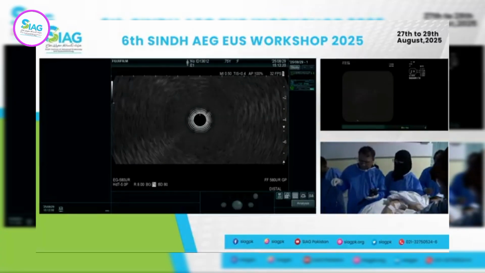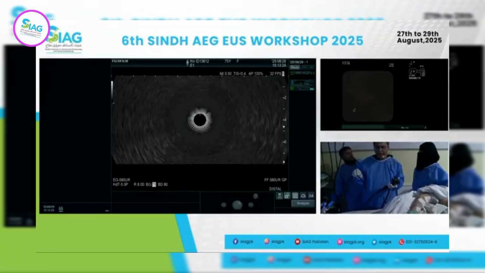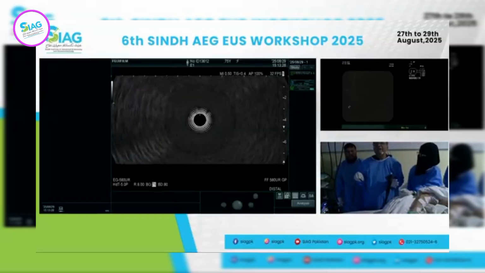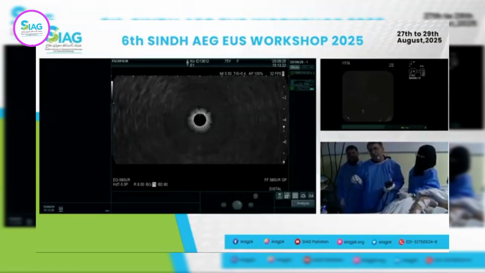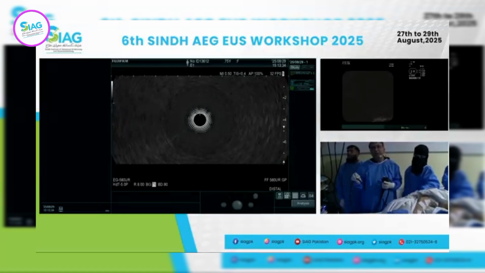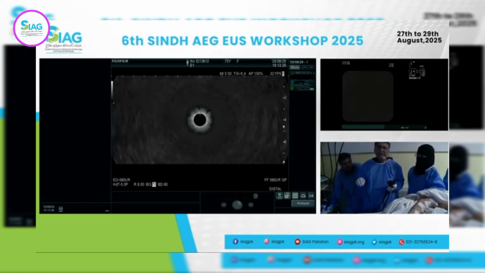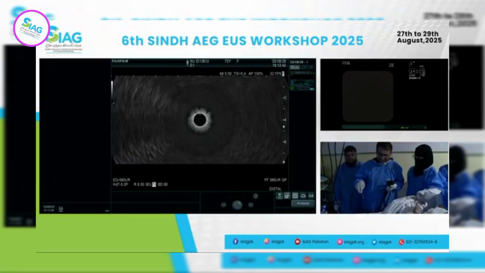So for rectal EUS, what I usually use is a radial scope. Radial scope definitely requires a balloon on it, and if needed, we can instill water into the lumen of the rectum to have a better coupling. But many times you usually don't need it.